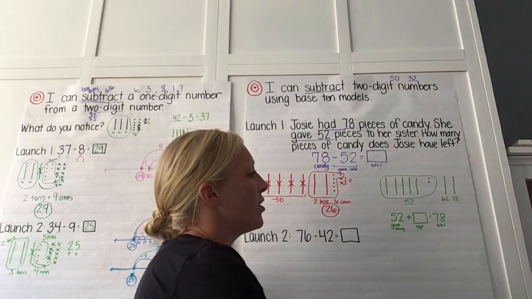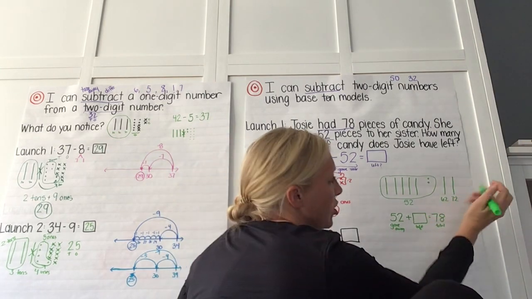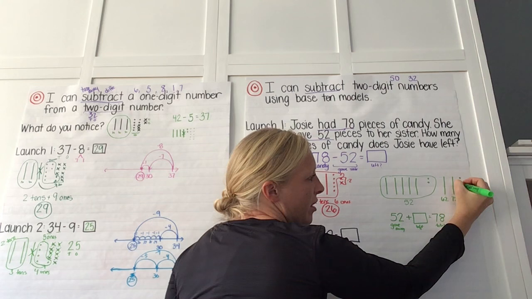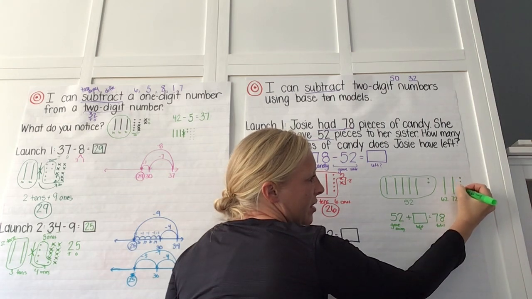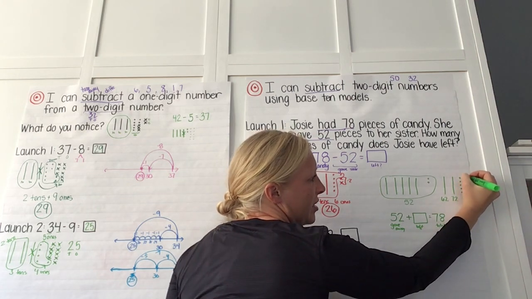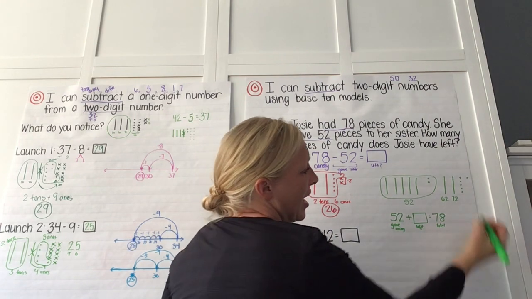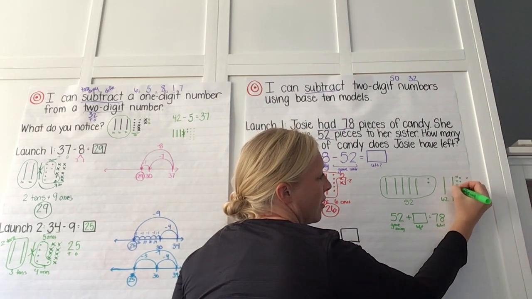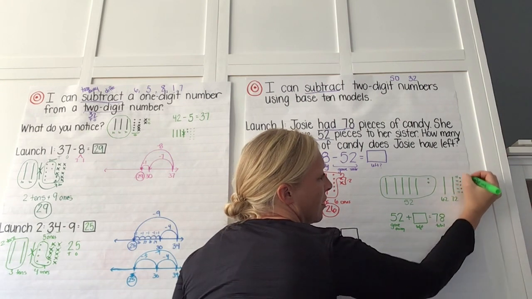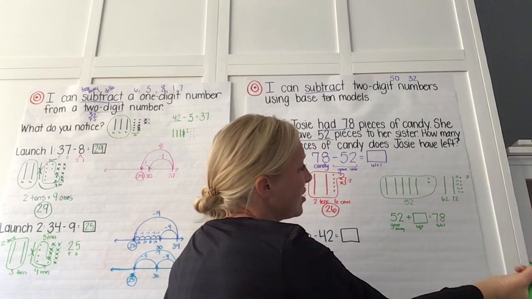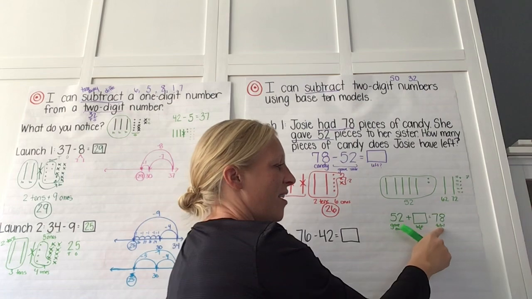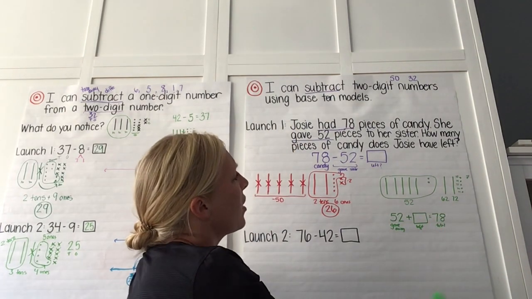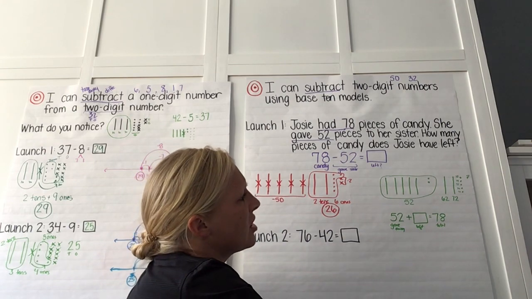So then what did you do next? You added 1. So if it's 72 here, what would you have done here? 73, 74, 75, 76, 77, 78. Okay, when you landed on 78, that's what you're trying to get to, right? So then where is your answer? Where are the ones that she had left?